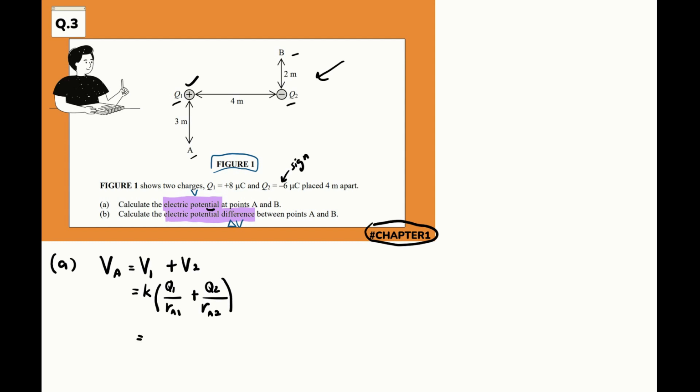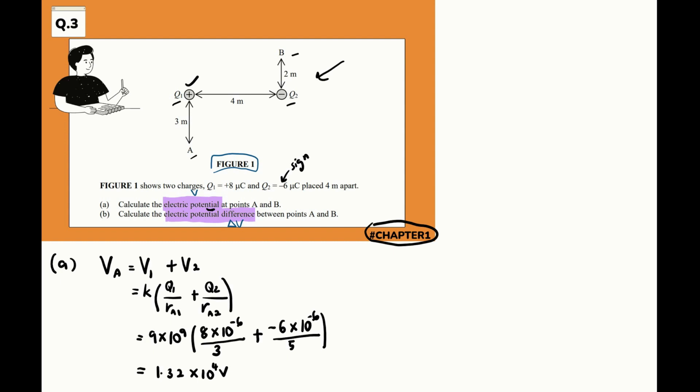We substitute the values. 9 times 10 to 9, 8 for Q1 times 10 to minus 6, the distance is 3, plus negative, we have to include the negative sign, minus 6 over 5. And you're supposed to have VA as 1.32 times 10 to 4 volts.